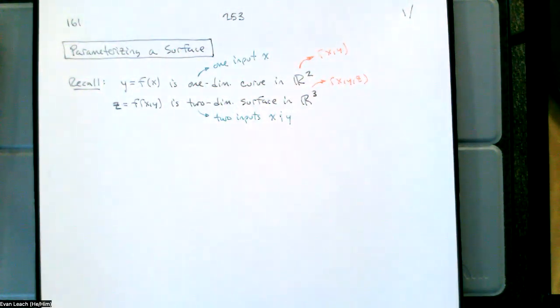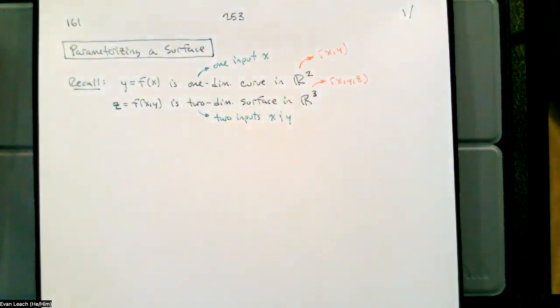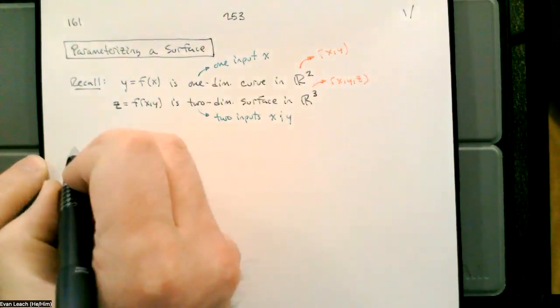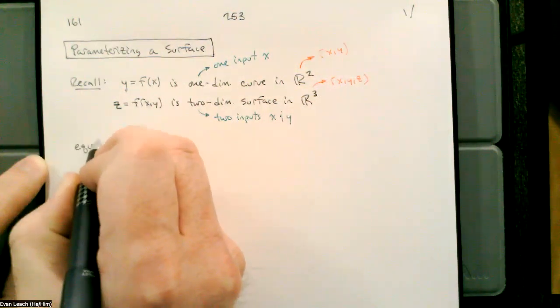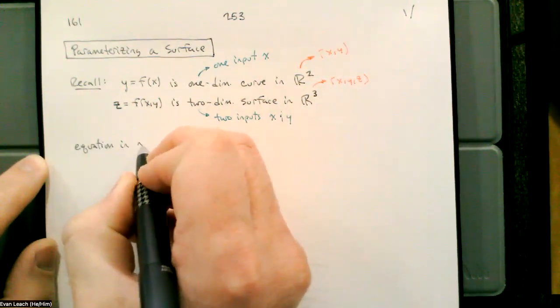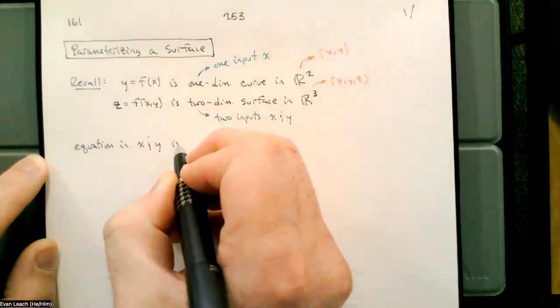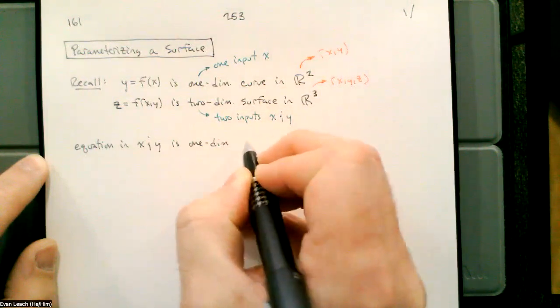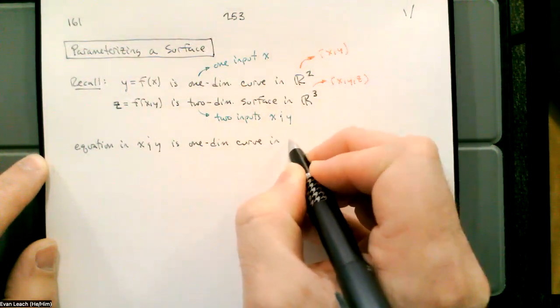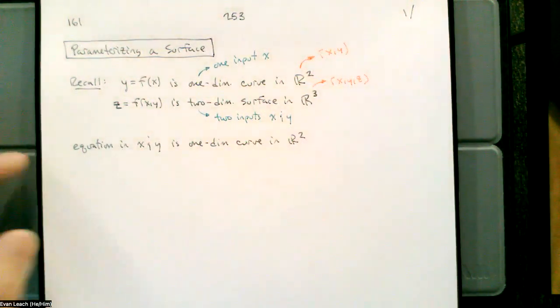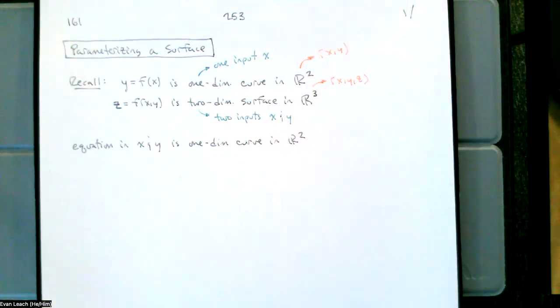This carries into our other descriptions of curves in R2 and surfaces in R3. If we make an equation relating x and y, that's one step up from y being a function of x. If we remove that restriction, if we think about an equation in x and y, an equation in x and y will give us a one-dimensional curve in R2.